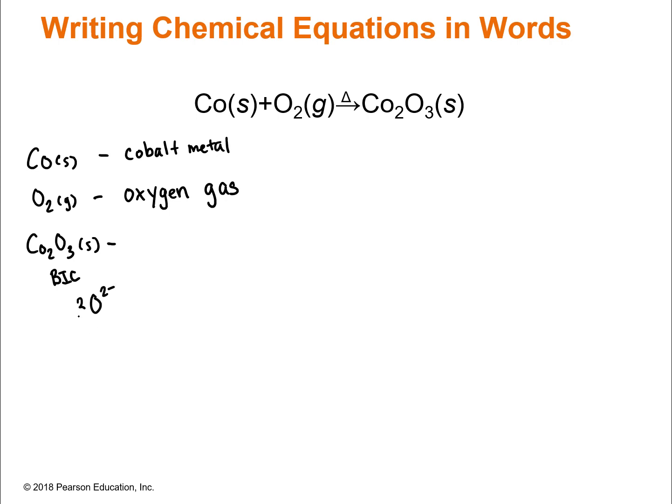If I've got 3 of them, then that means a -6. I've got 2 cobalts, so that means that I have to have a +3 for my cobalt charge.